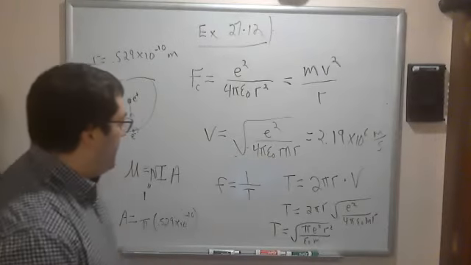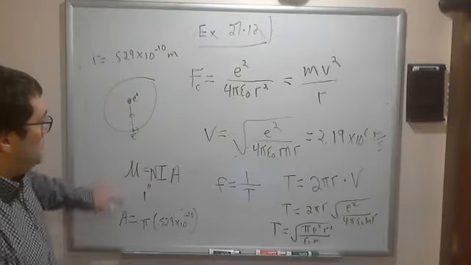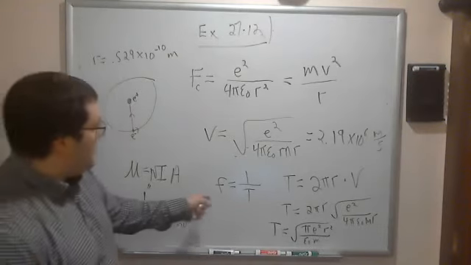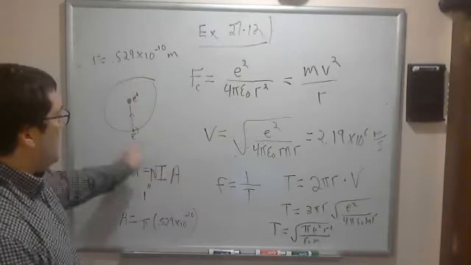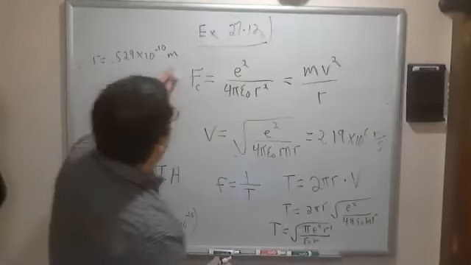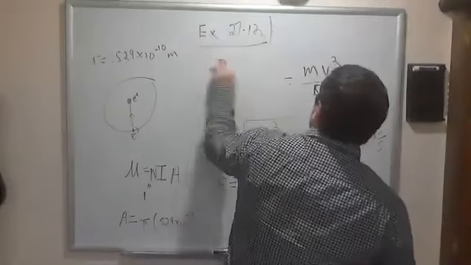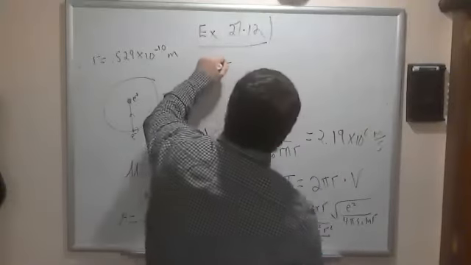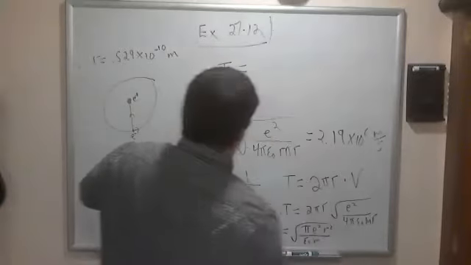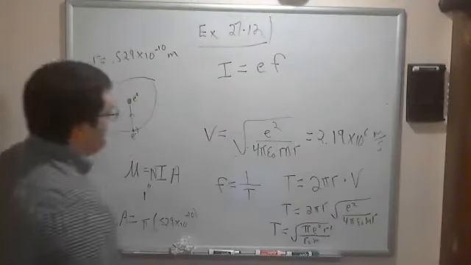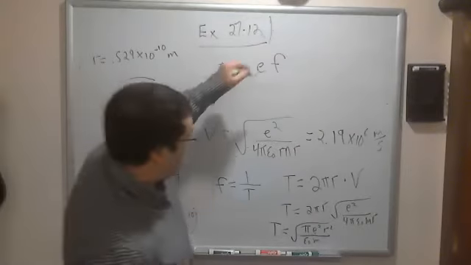Now we found the period, right? And we use this to calculate the current, right? It's just the charge times how many times it passes us in 1 second. So the current is given by E times the frequency, right?